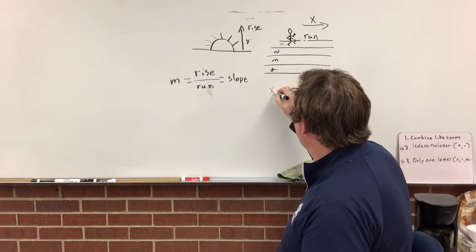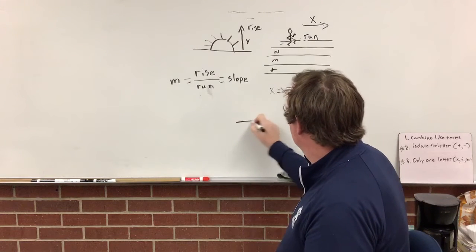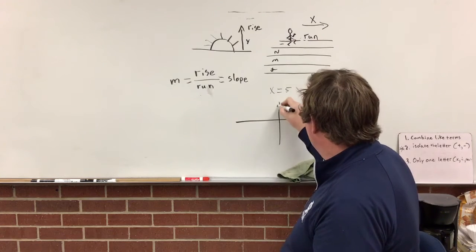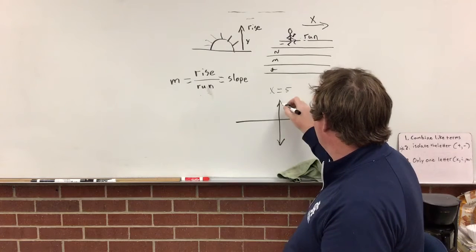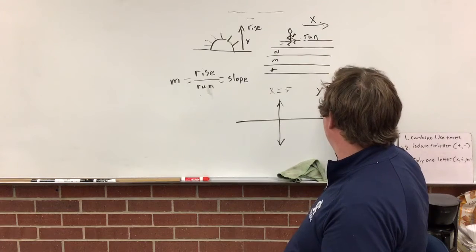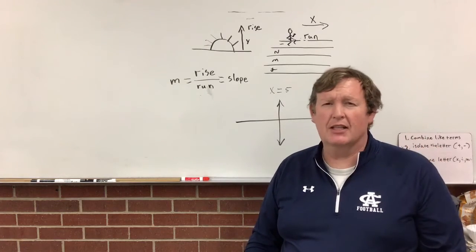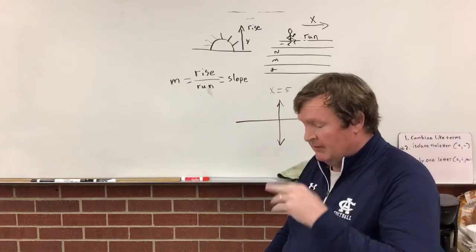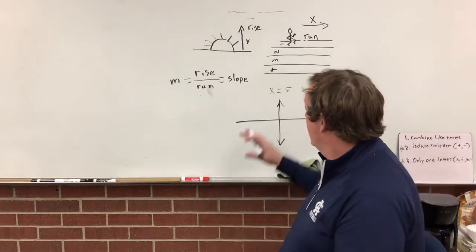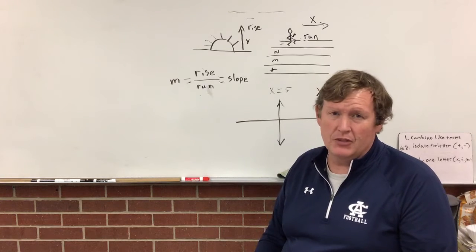Like if we just said x equals 5. These are the exceptions to the rule. Whenever you have x equals 5 or y equals like 3, you have a different situation. I'm telling you these things because they give us a couple of problems like that on our lesson today, and we need to know how to figure those out.